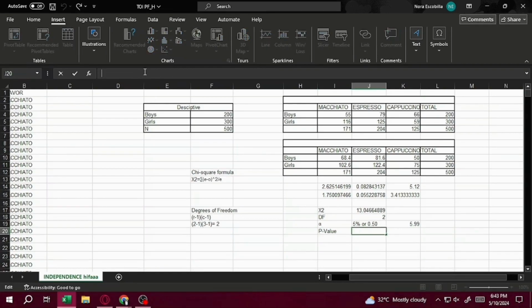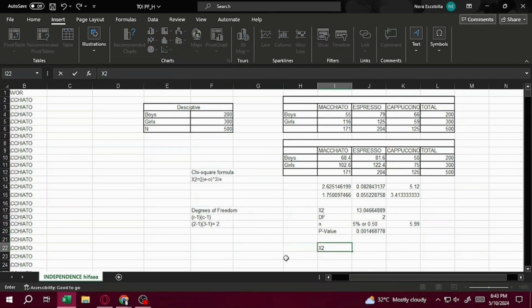Our p-value is equal to chi, then copy the chi-squared, and after that, follow with the degree of freedom, which is 2. And our p-value is 0.0014668, and so on.